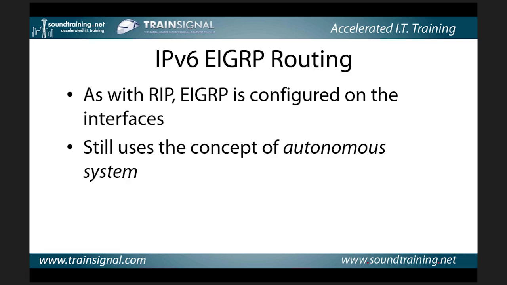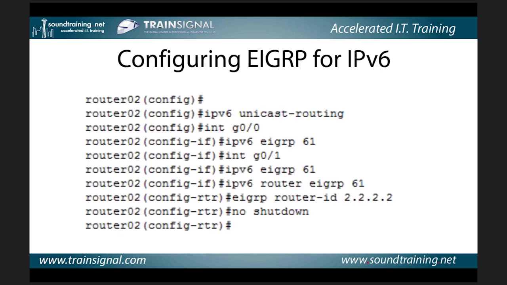What about EIGRP? Well, as with RIP, EIGRP is configured on the interfaces, still uses the concept of the autonomous system, and here you can see us configuring EIGRP for IPv6. Now, there's a quirk that I discovered when I was working on the book that I'll share with you as we go through this, but let's just go through it line by line.